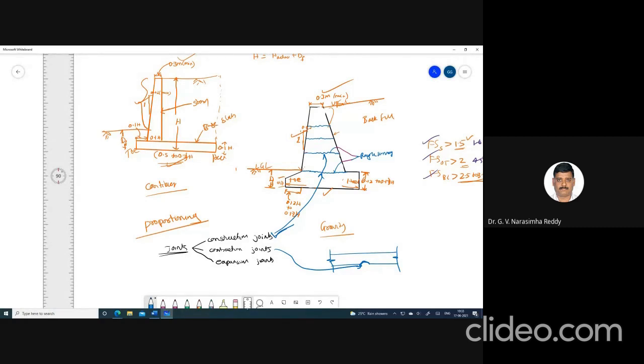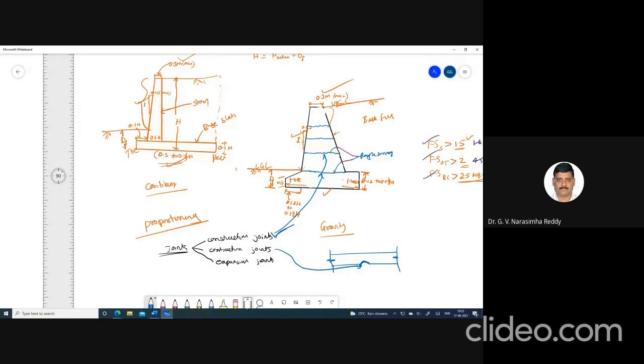We will provide contraction joints at regular intervals. Let's say you are providing 300 meters of length of a retaining wall. You will not construct 300 meters in a single day, so you may have to provide a construction joint, something like this.